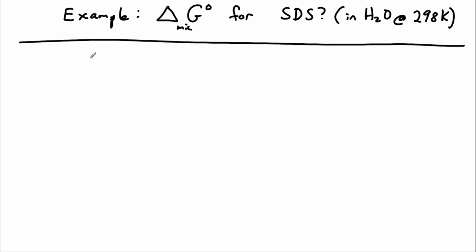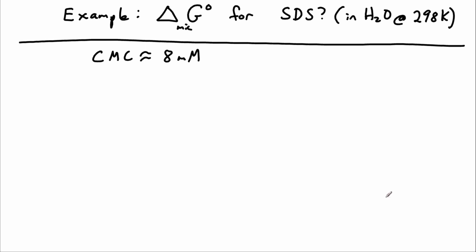So let's do an example. The delta G standard for sodium dodecyl sulfate in water at room temperature. So we need to look up the CMC. Under those conditions, the CMC is about 8 millimolar. Now, whenever a standard Gibbs energy is referred to, we have to specify the standard state.